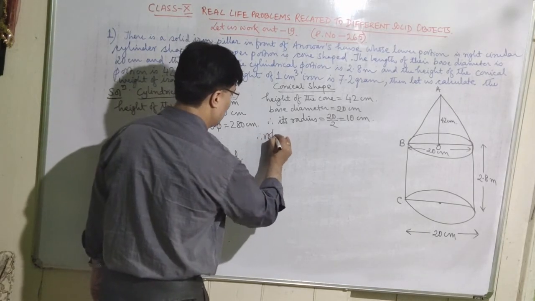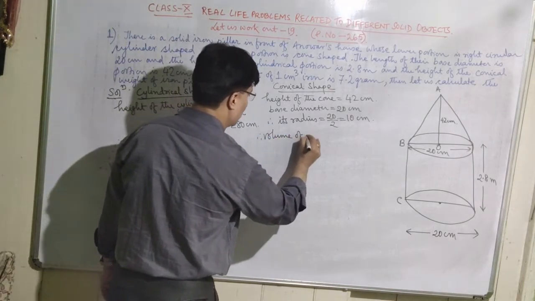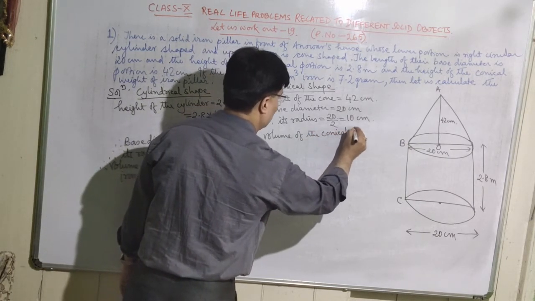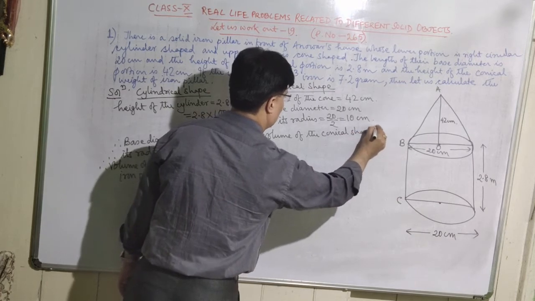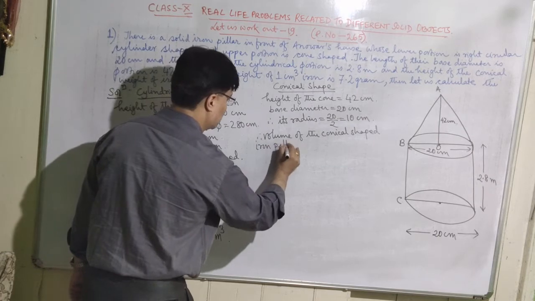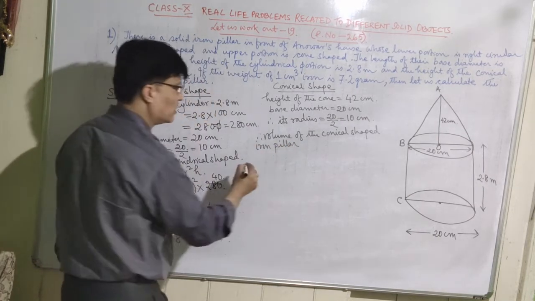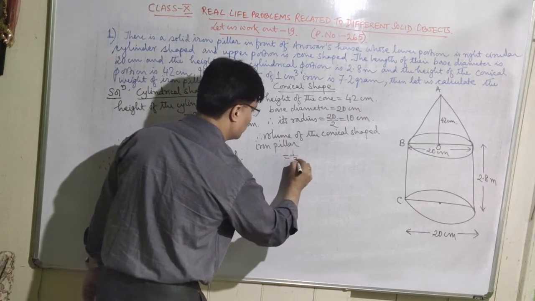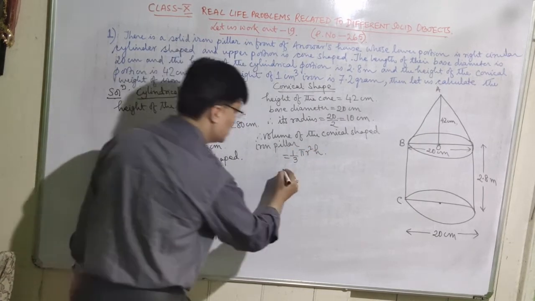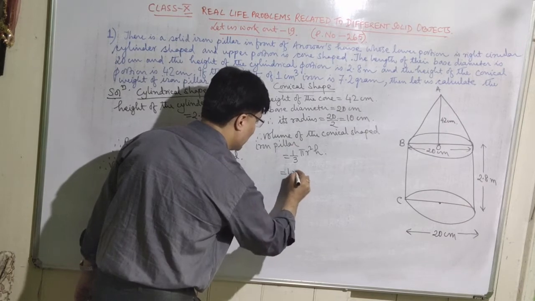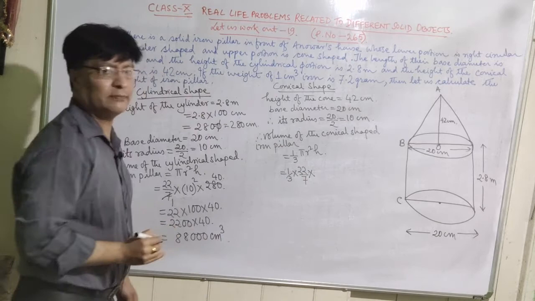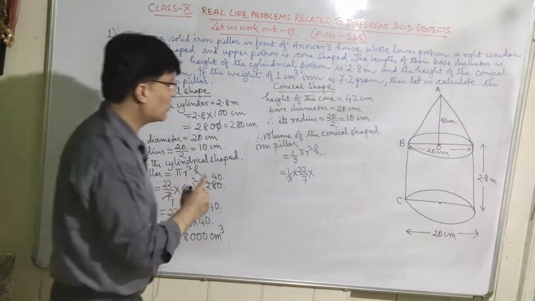Therefore, volume of the conical shaped iron pillar is equal to 1/3 pi r square h, which is equal to 1/3 into, what is pi? 22 by 7 into, what is r whole square?